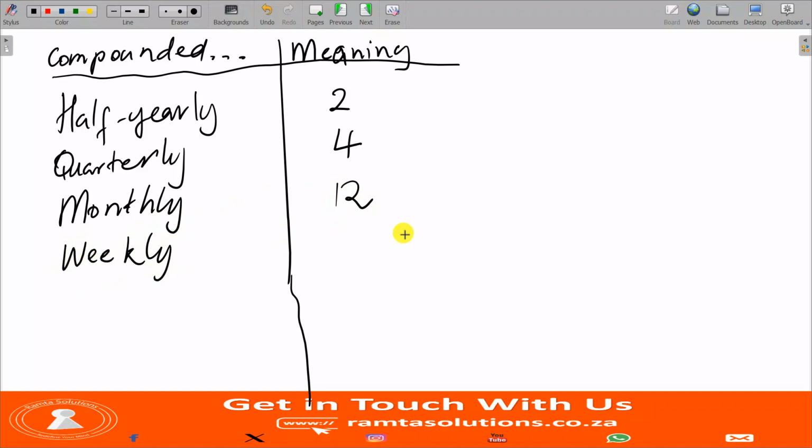How many weeks do we have in a year? 52. Then daily. How many days do we have? This is for a normal year, not a leap year. It'll be 365. Please, let's not stress ourselves by saying it's hourly or per minute. I believe this list is sufficient, right?